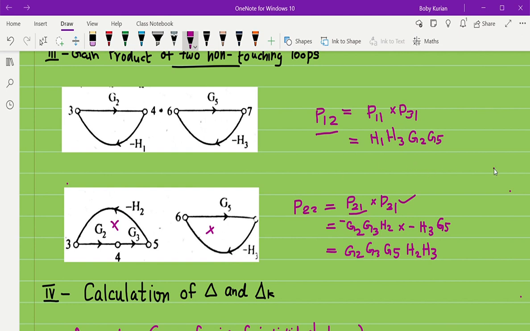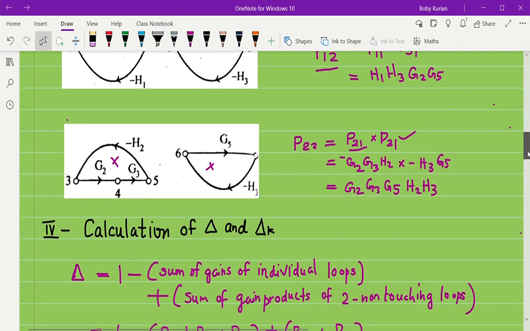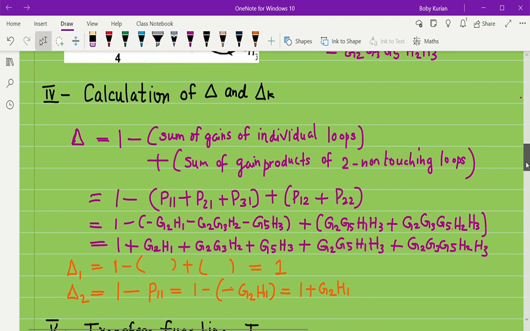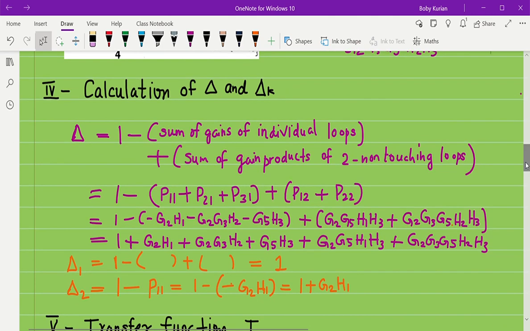Next step is we have to calculate delta and delta K. So what do you mean by delta, and how to find it? The formula is 1 minus the sum of gains of the individual loops plus the sum of gain products of two non-touching loops.